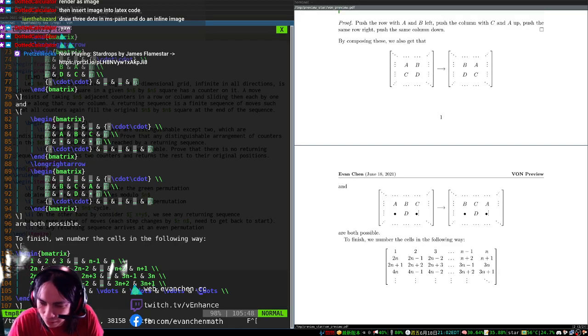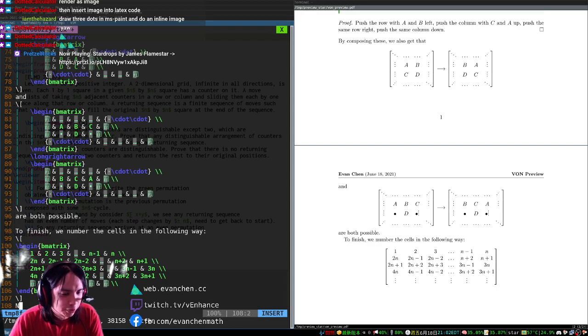Actually, they're all dots. Observe that any two numbers are consecutive. Or sorry, not cells. These are counters.